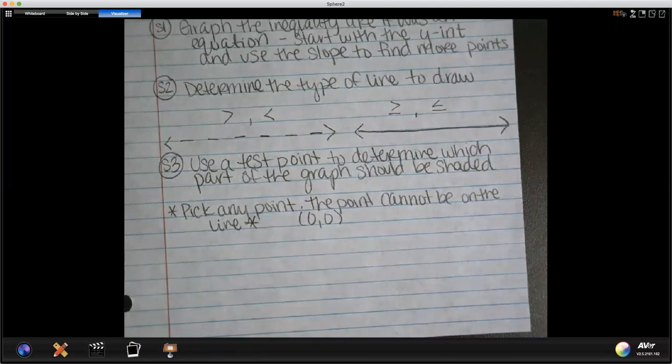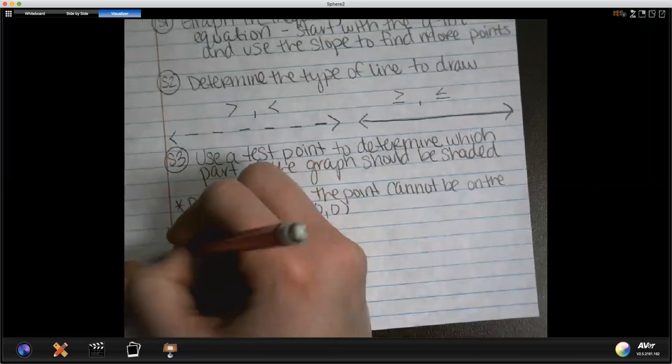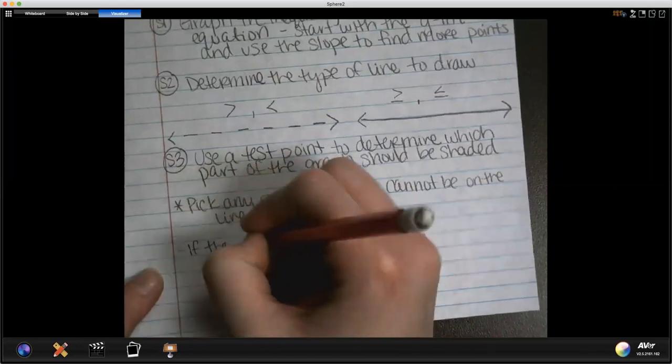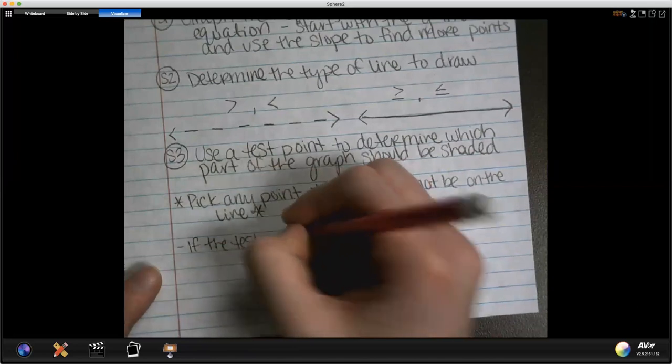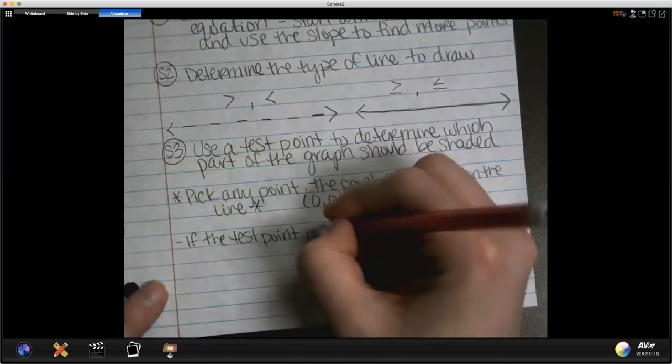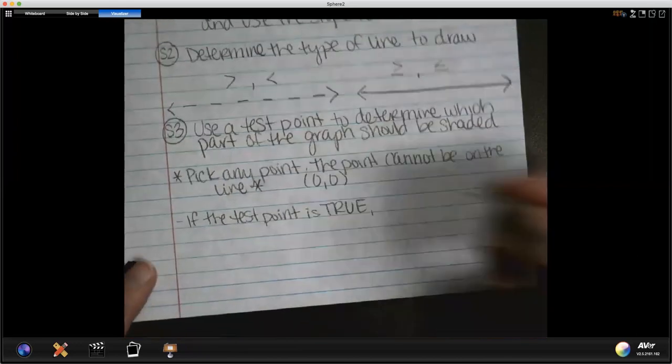All right, so let's talk about what happens when we test that test point. If the test point is true, I'll explain this a little more when we actually use a test point, but we're going to write it down here first.